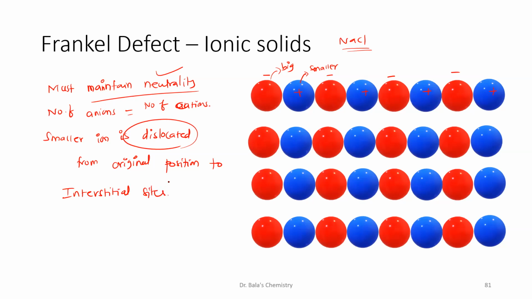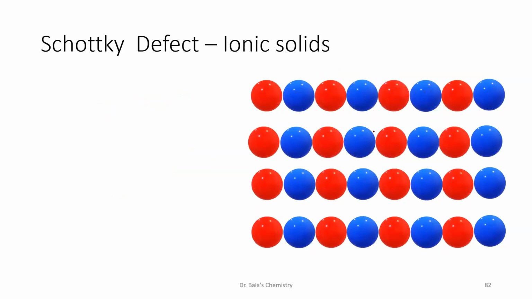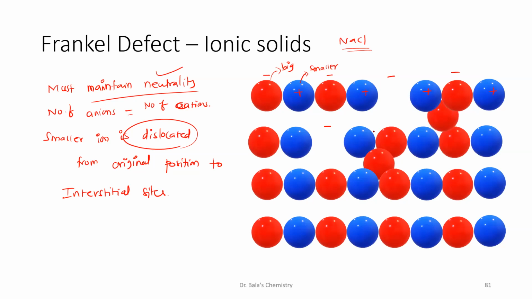So suppose one negative ion is removed from its original position and occupies an interstitial point. If a negative ion went, another positive ion will also go. So here, it should maintain electrical neutrality.